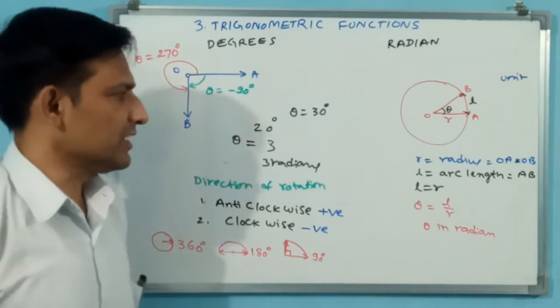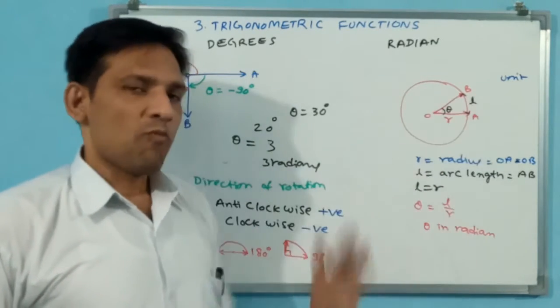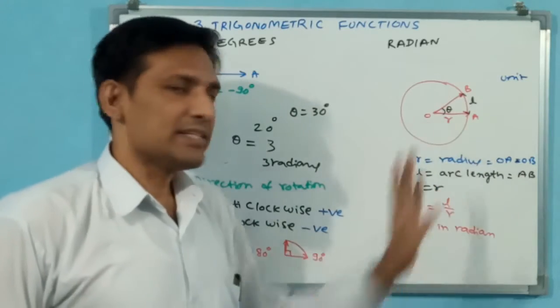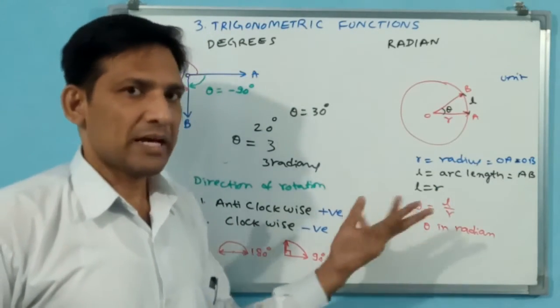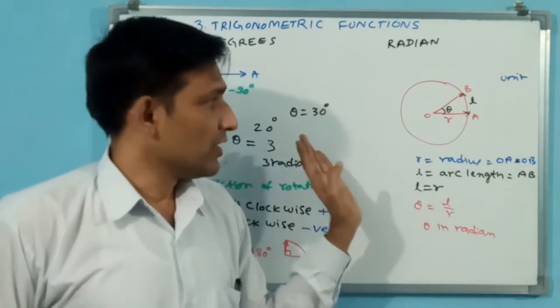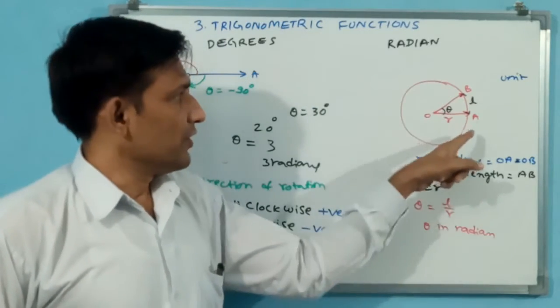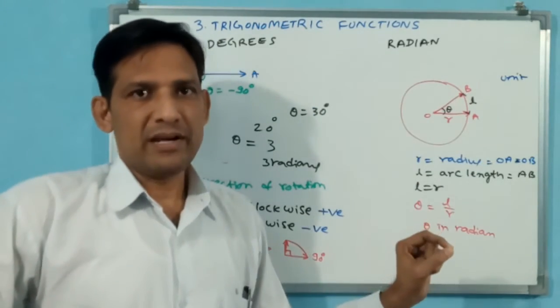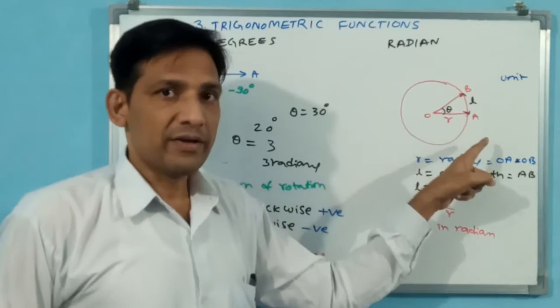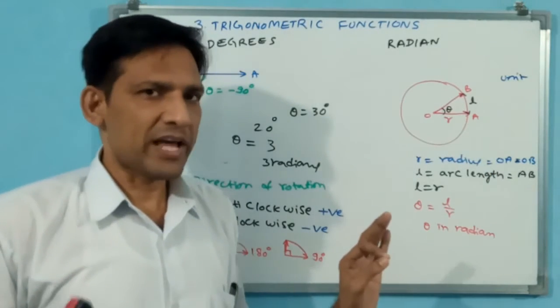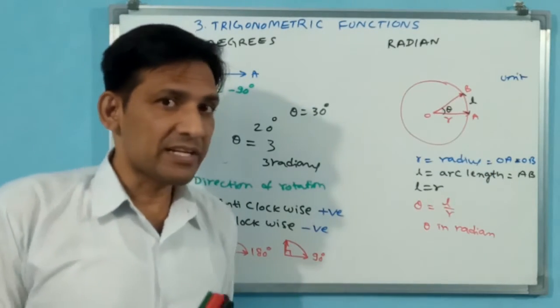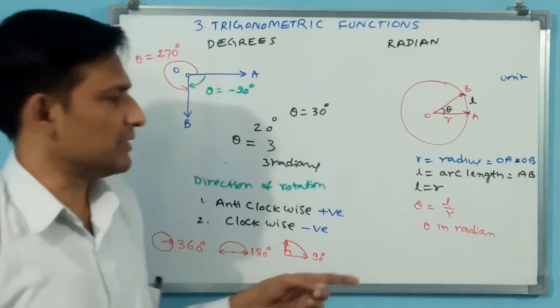Okay, now why? Because L is 1 centimeter, R is also 1 centimeter. Both are linear measurements. A to B is a linear measurement, a length. O to A, the radius, is also a linear measurement, not an angular measurement. But we are converting linear measurements into angular measurements.